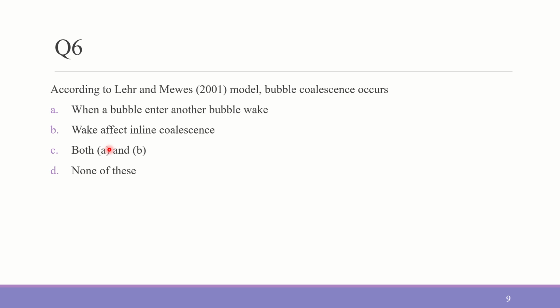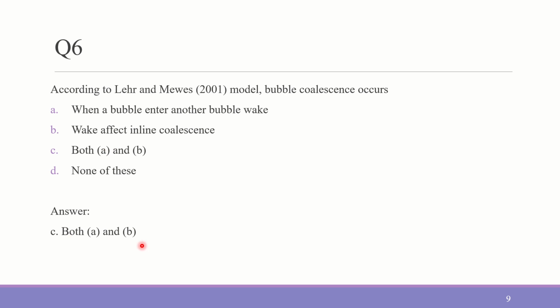So when a bubble enters another bubble's wake, coalescence will occur, and also wake affects the inline coalescence. So both A and B are true. Therefore the answer is option C, both A and B.